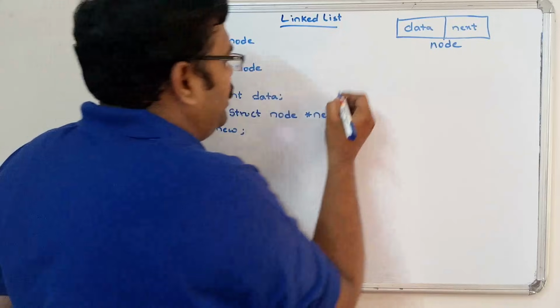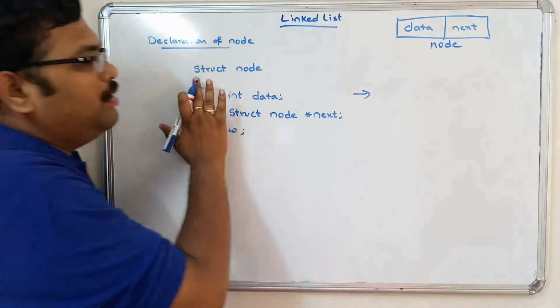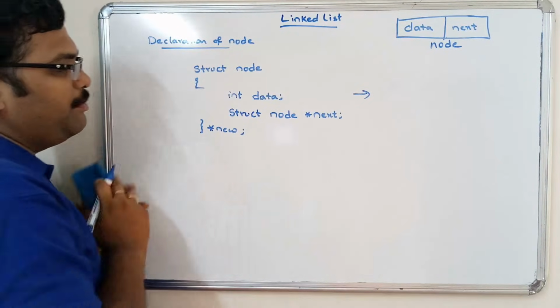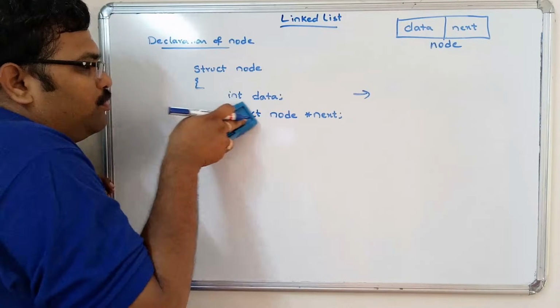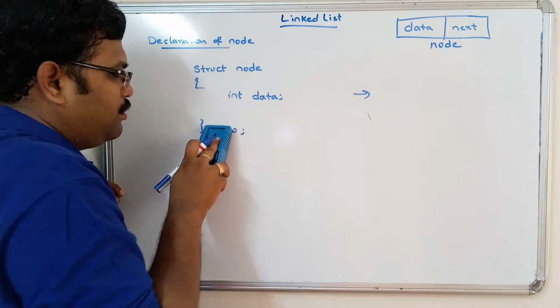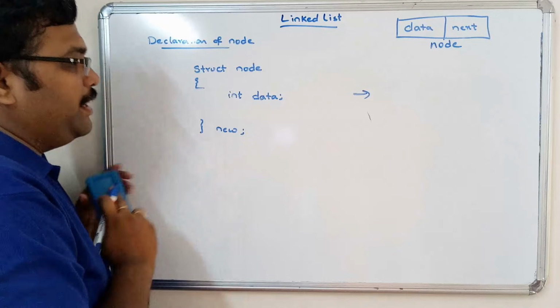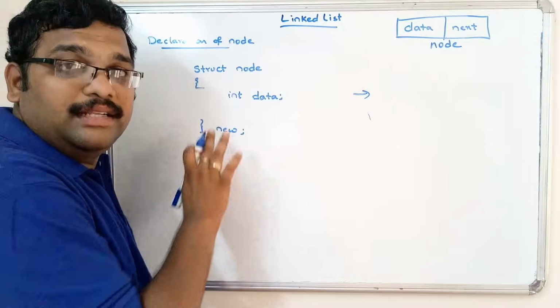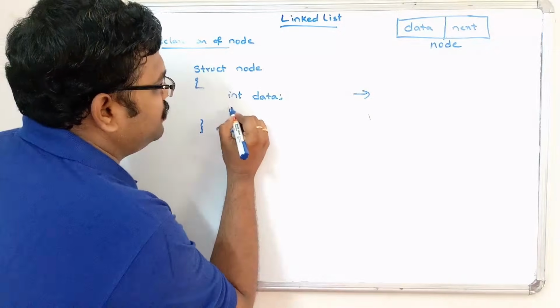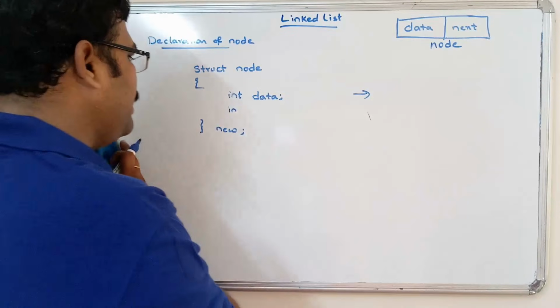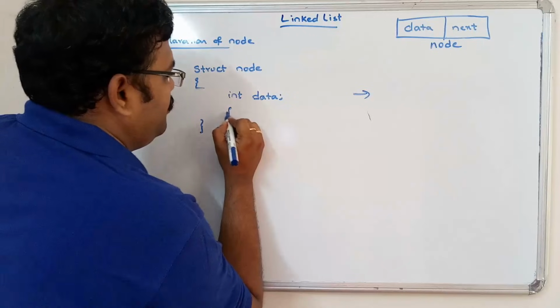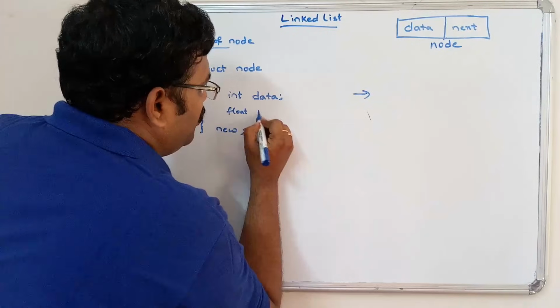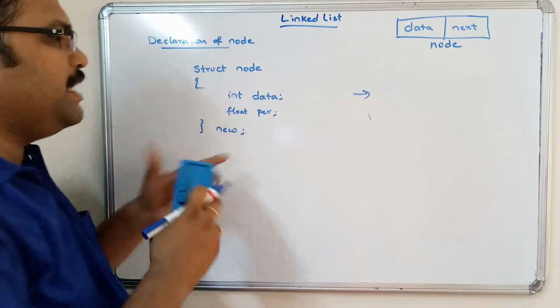If you want to declare a variable, let us consider this structure: int data, float percentage. Let us take this one.